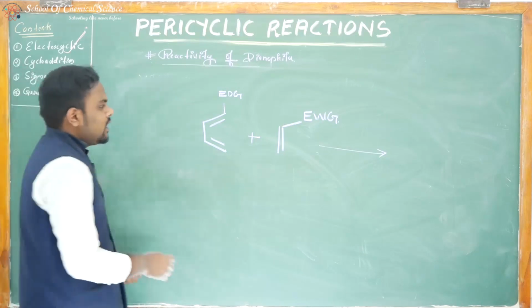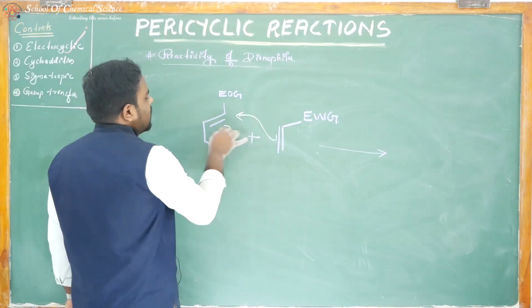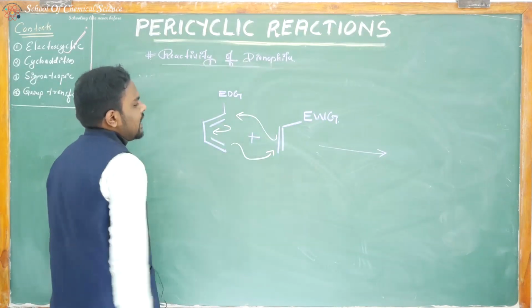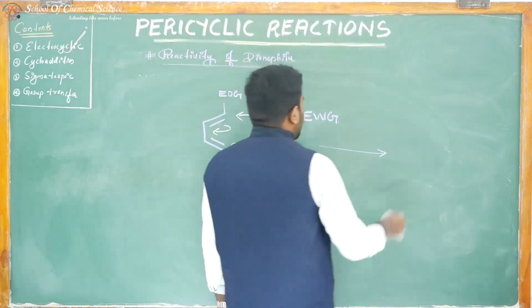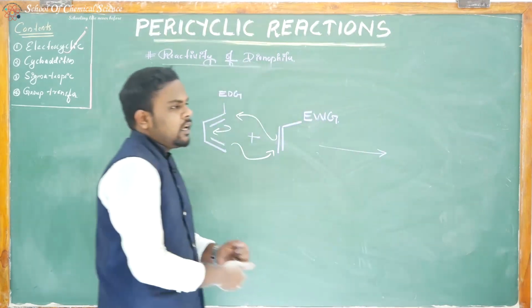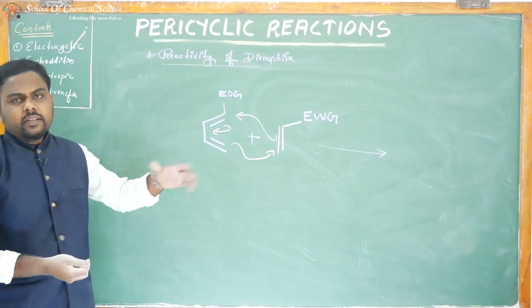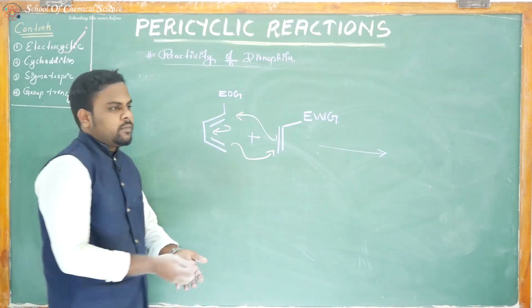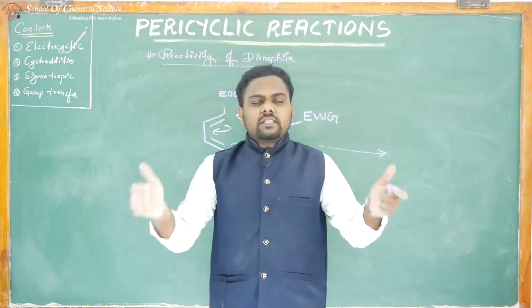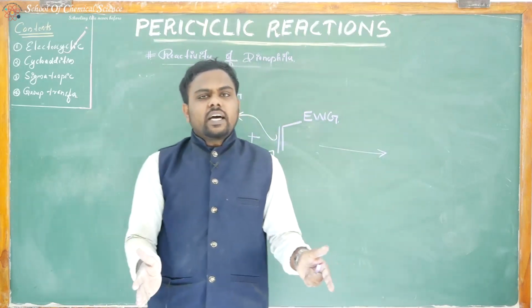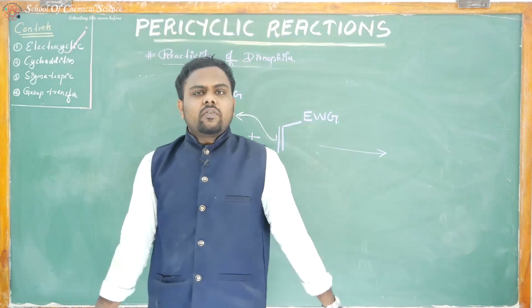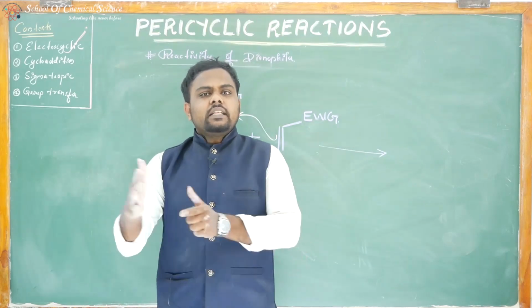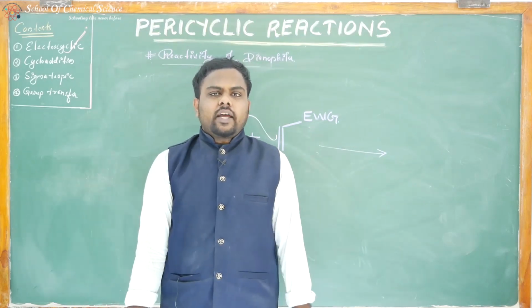What is the reaction? 4 plus 2 cycloaddition, and you will get a product. The regioselectivity of the product we will discuss later. Okay, so this is the reaction. So that's about typical systems of diene, typical systems of dienophile, reactivity of diene and reactivity of dienophile.